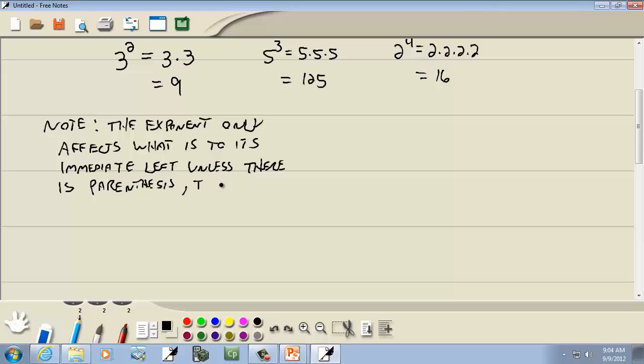Then it affects everything inside the parentheses.